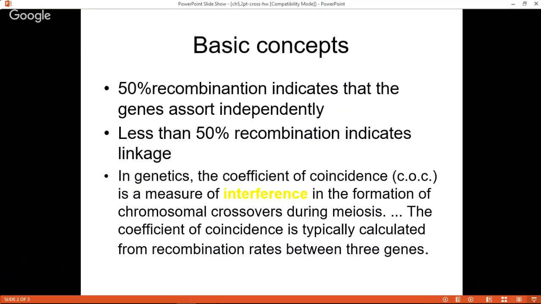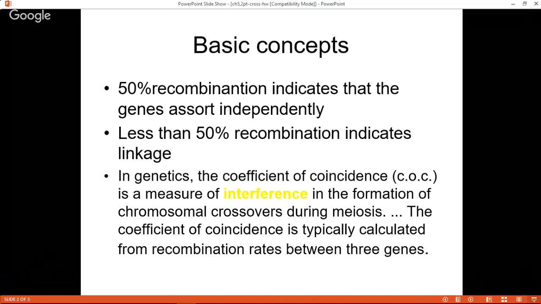And another thing to know is that in genetics, the coefficient of coincidence is a measure of interference. That's what we want to look out for because it might pop up in one of our problems. In the formation of chromosomal crossovers during meiosis, the coefficient of coincidence is typically calculated from recombination rates between 3 genes.